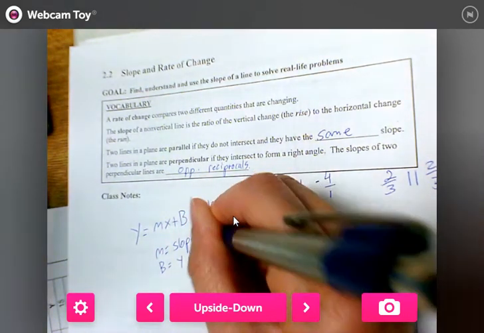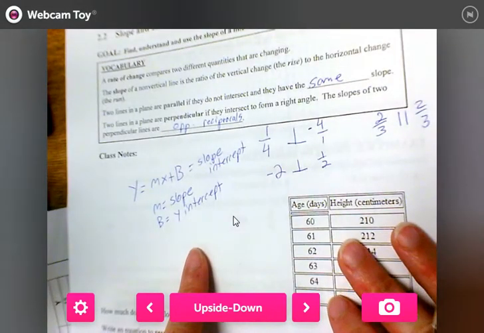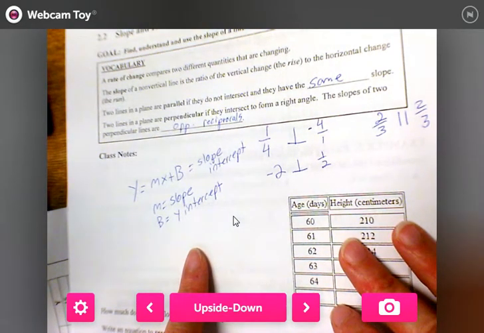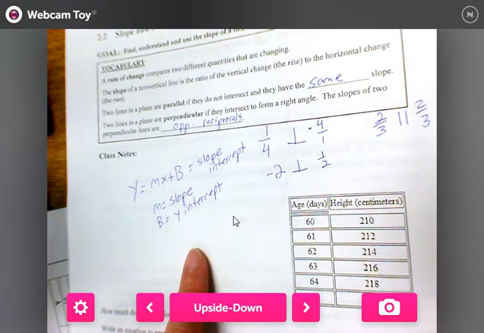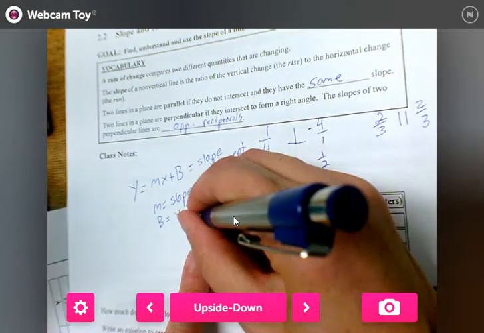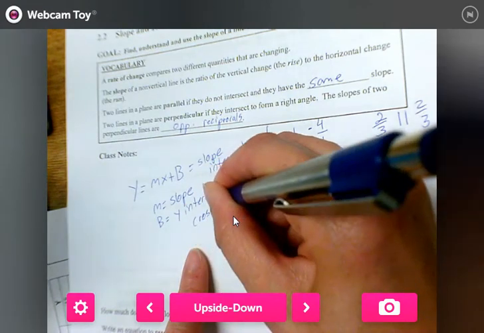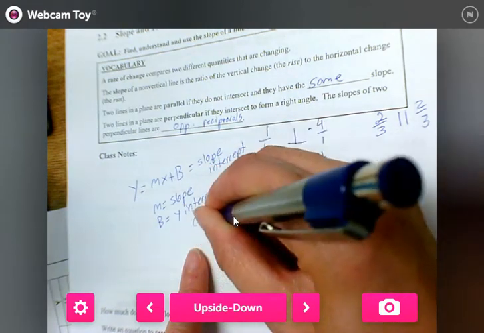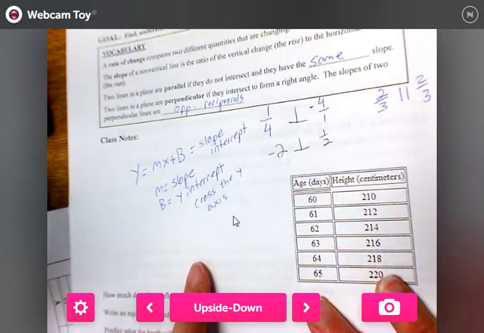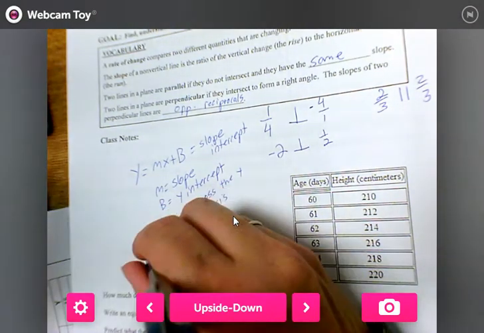And what does intercept mean, guys? If you were going to describe the y-intercept, you would say it crosses the y-axis.